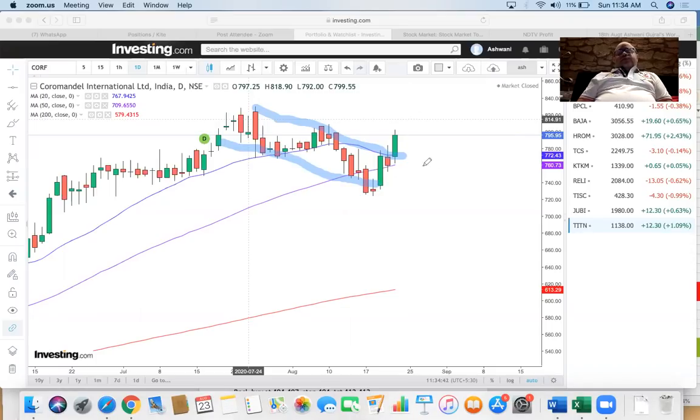So if you have to get into Coromandel, your stop can be somewhere below the 50, say around 740, and the target will be, this level is 840. The stock went down to about 720. So target, just add 120 points to 840.